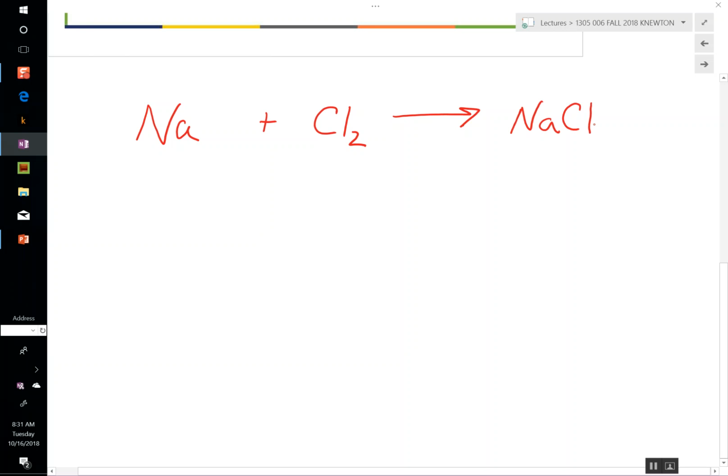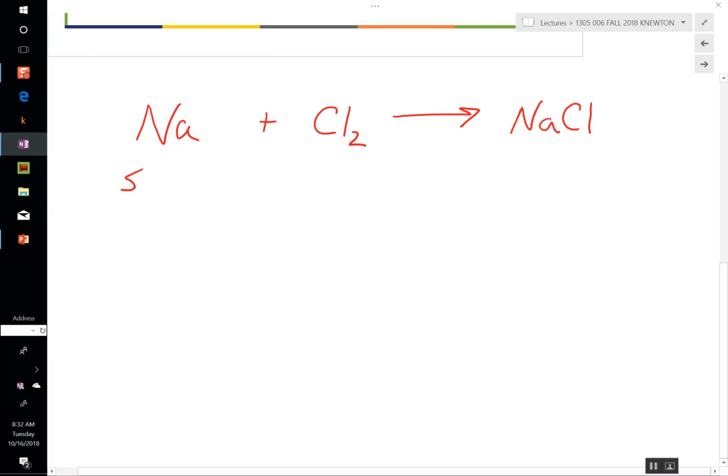That is a chemical equation or chemical reaction. It's describing a chemical reaction. And you can see chemists aren't into a lot of words, are they? There's a ton of information in that little thing right there.